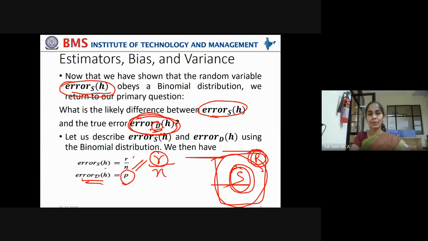Now, you take a new instance from the population; the probability of that new instance being predicted wrong, let us indicate as P. So our objective is to find out the difference between sample error r by n and true error P.